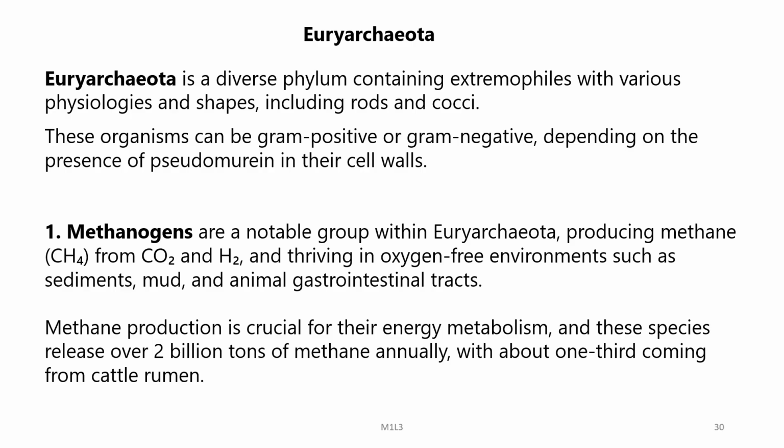These are notable groups within Euryarchaeota producing methane from carbon dioxide and hydrogen, and thriving in oxygen-free environments such as sediments, mud and animal gastrointestinal tracts. Methane production is crucial for their energy metabolism, and these species release over 2 million tons of methane annually, with about one third coming from cattle rumen. For this reason, these species are also considered very important from the climate change point of view.